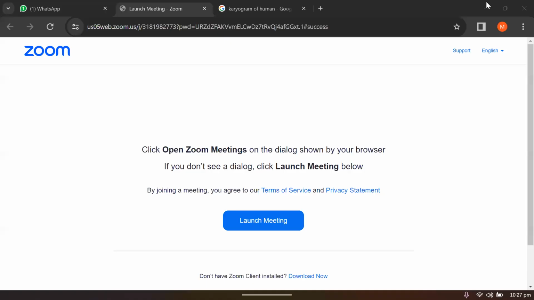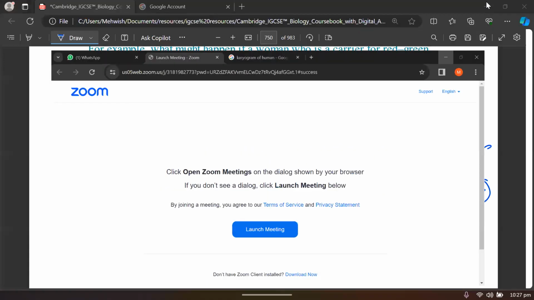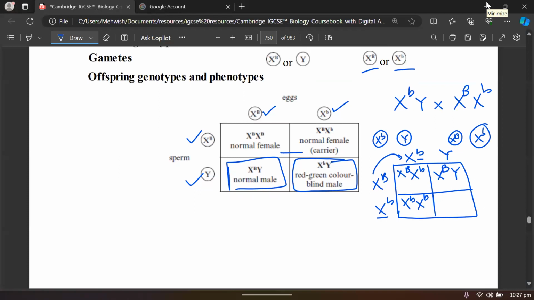Okay, we were doing sex determination and solving this Punnett square, right? When this X is combined with X small b, she would be a girl, a daughter, but she would be color blind.